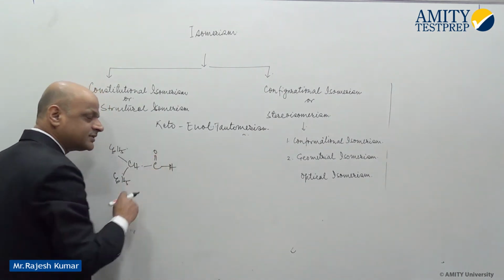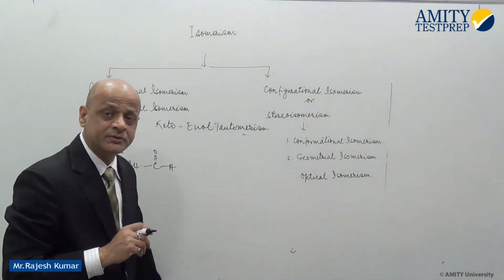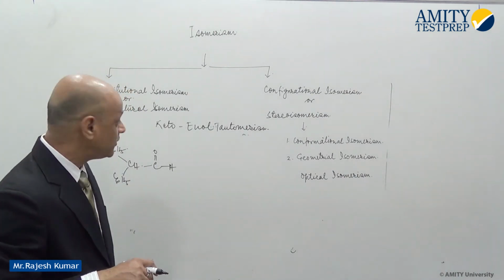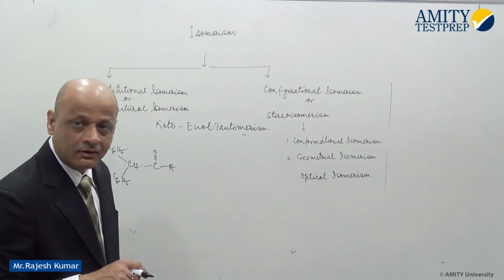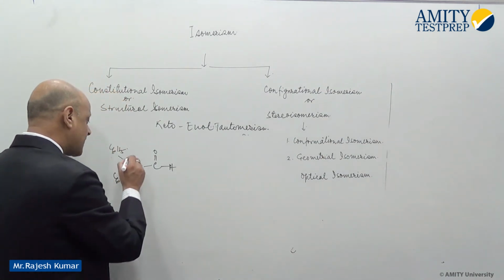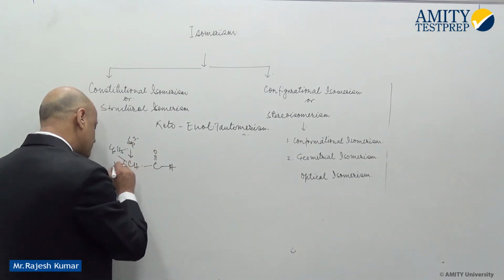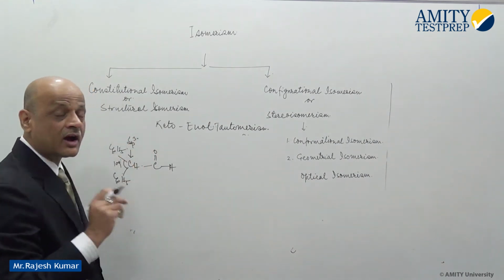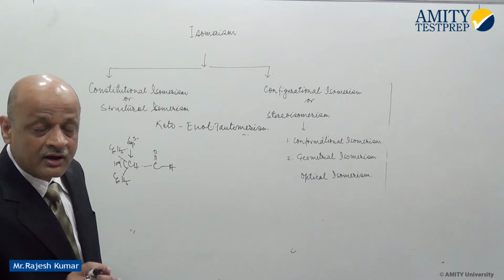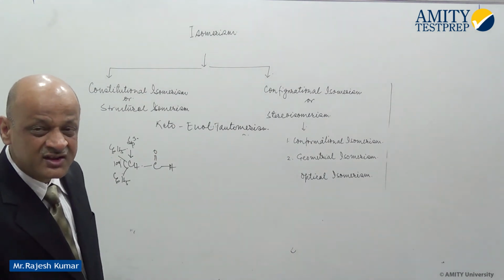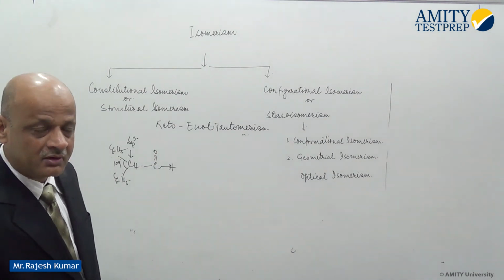In this case, there are two bulky groups present at alpha carbon, which makes the molecule highly strained. And since this carbon is in sp3 hybridization, bond angle is 109 degrees. That's why steric hindrance or steric strain is very predominant there.